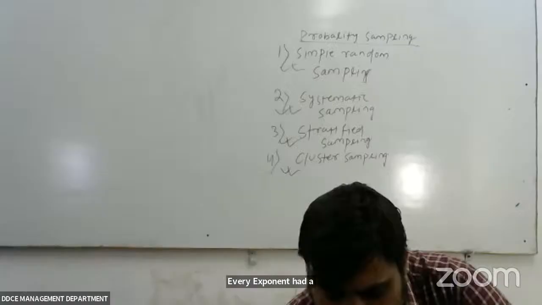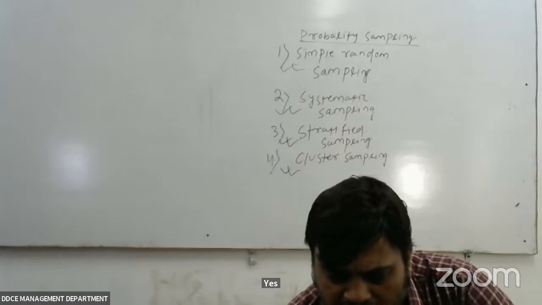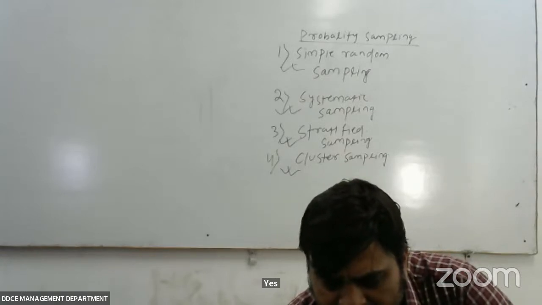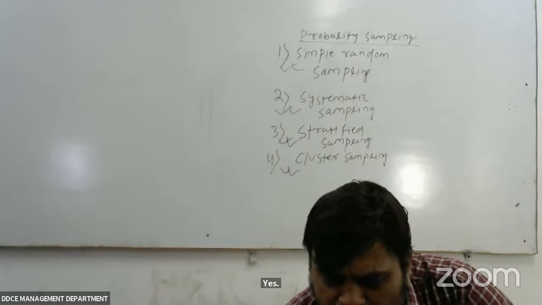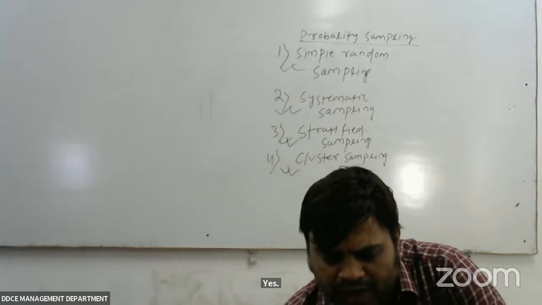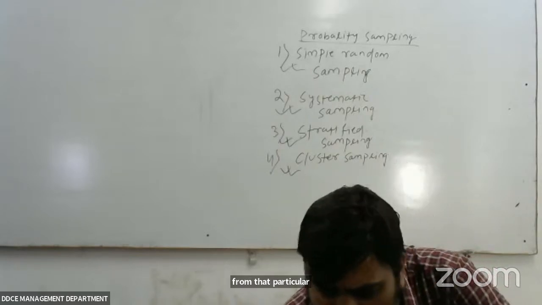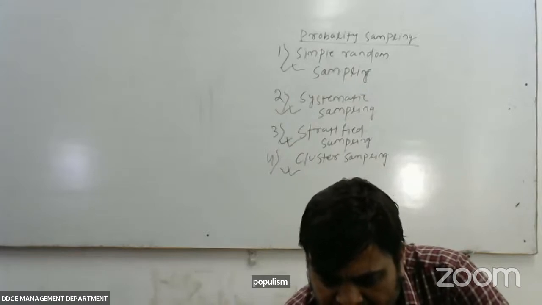And I will collect the data from a few of them according to my sample size. That is known as simple random sampling. Randomly, I will choose some respondents from that particular population. There is no biasedness.